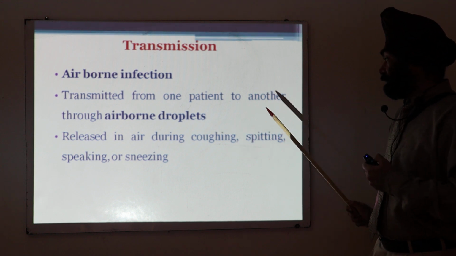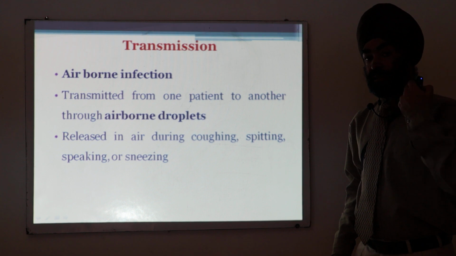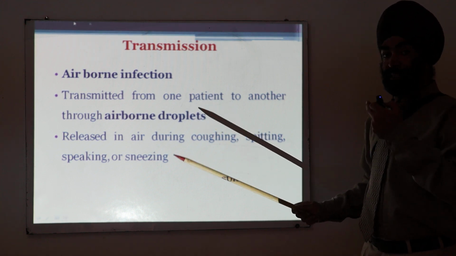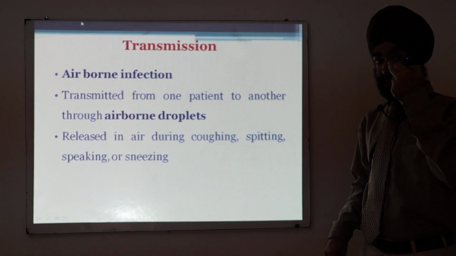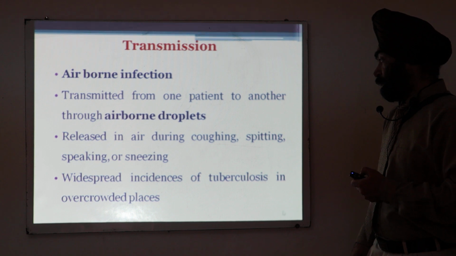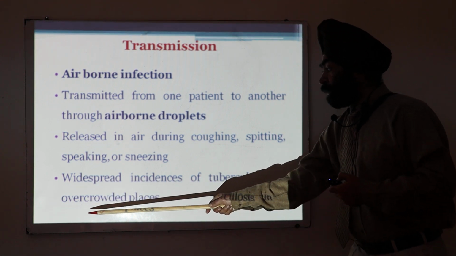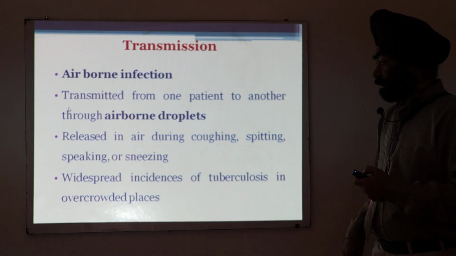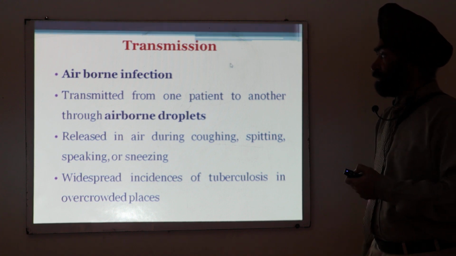When the person is coughing, spitting, speaking or sneezing. So an infected person releases these droplets in the air. Another person can get these droplets from the air, and the bacteria can be transmitted from one person to another. So that is why, as I told, it is more common in overcrowded places, which are mainly found in developing or poor countries.